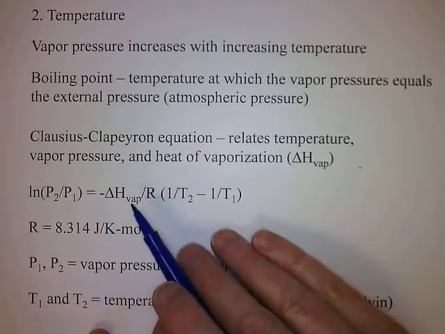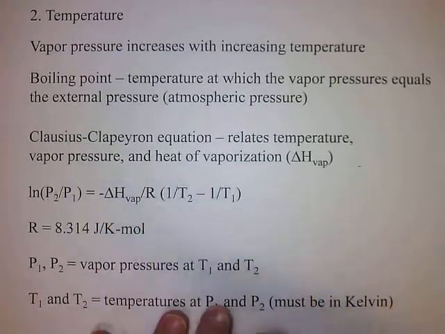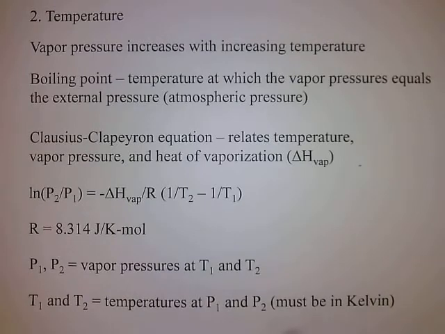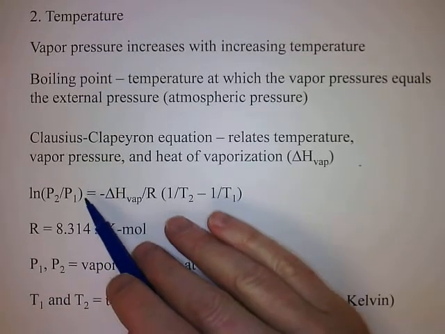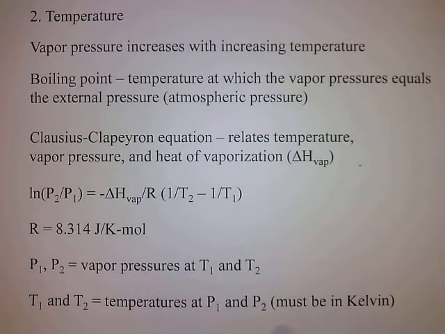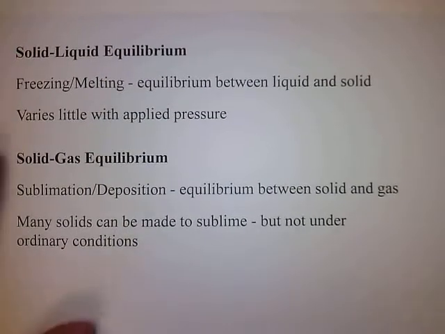Or, if you know the heat of vaporization and you know one pressure and one temperature, you can calculate the pressure at a different temperature. That's what we just did. Or you could say, okay, well, the temperature or the pressure could be a variable you're solving for. You could say, okay, at what temperature would you have a vapor pressure of 760 torr?